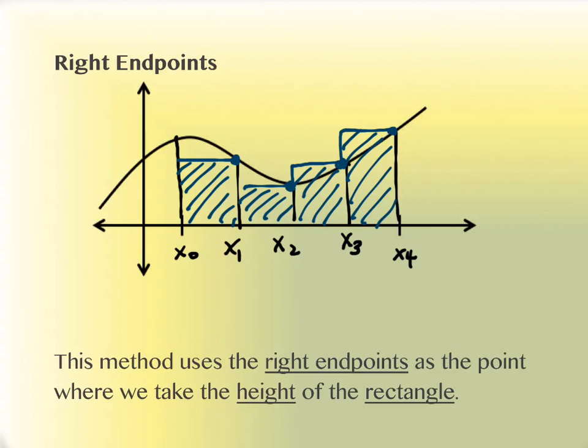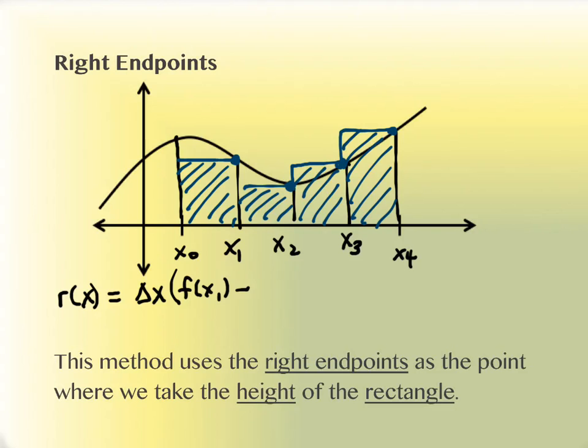Any idea what your book might be calling this area? They call it R of x. And we can write out, just like we did last time, all of the widths times the heights. But can we cut to the chase and recognize I can factor the widths out just like last time? So I've got this delta x, and I've got these heights, but what is the first height that I have? f of x1 this time.